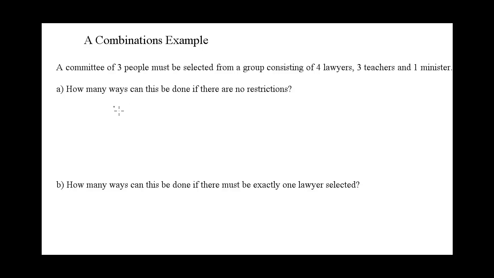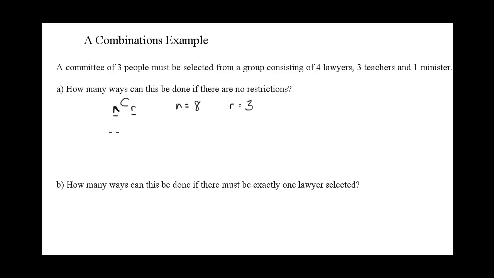We're just making a group of 3. So it's an nCr, right? A combination. You just have to decide what is n and what is r. Well, n is the total number of people you have to select from. So in this case, n would be the 4 lawyers, the 3 teachers, and the 1 minister, which is 8. And r is how many you're selecting. In this case, r would be 3.